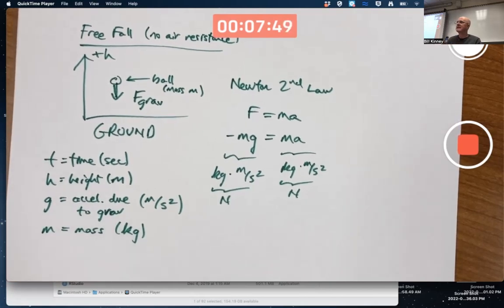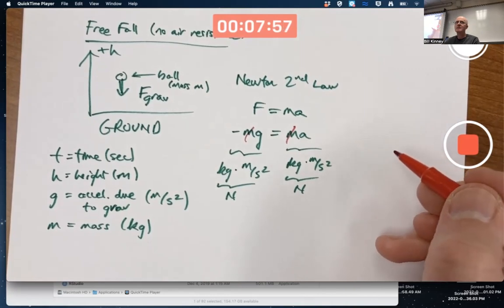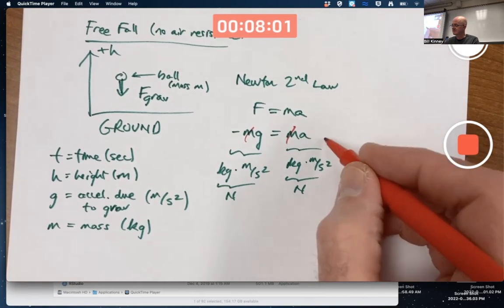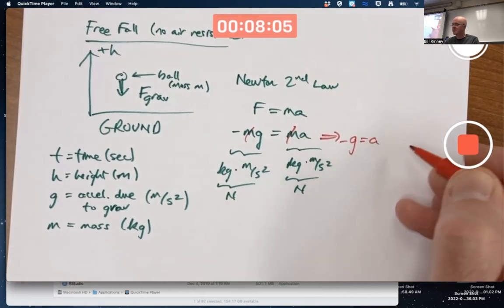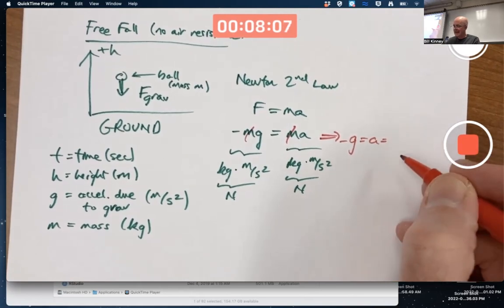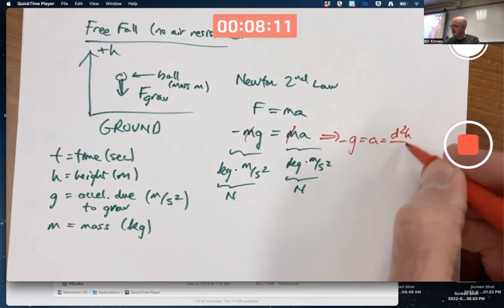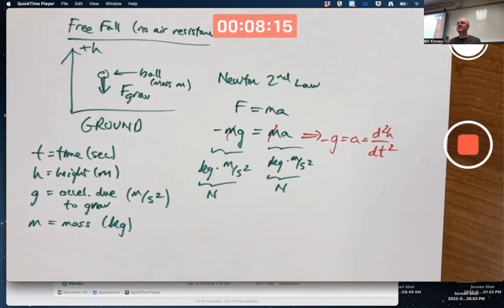The units on both sides of the equation do have to be the same. But yes, you can cancel the m's. In the absence of air resistance, the mass itself doesn't matter. And you get negative g is a. But what is a? a is the second derivative of the height with respect to time. That's an example of a differential equation.